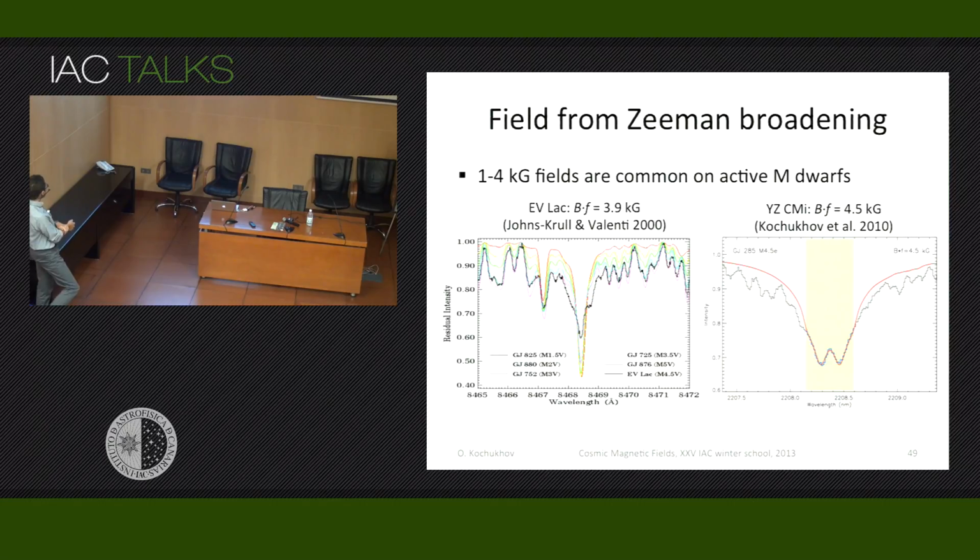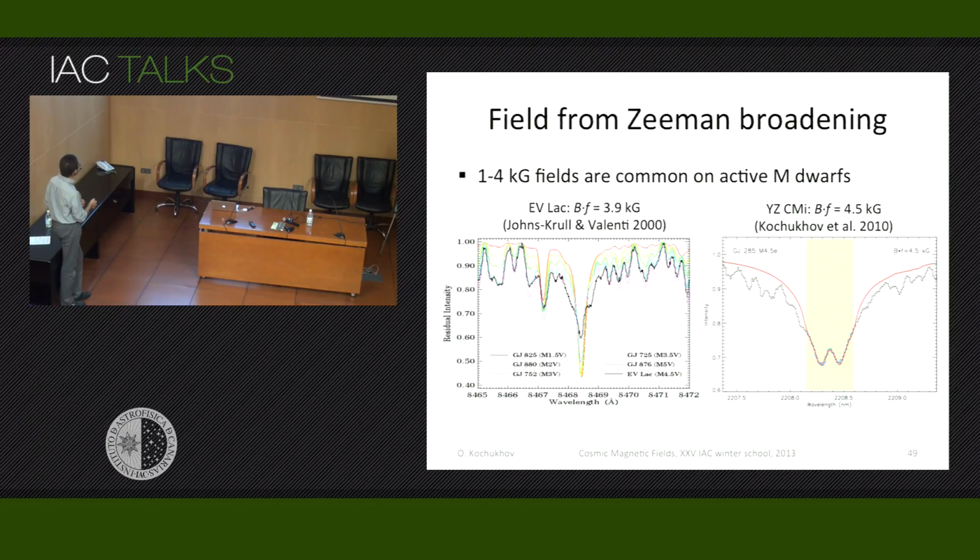What you see here is the sequence of M dwarf spectra for inactive M dwarfs, these color lines. These M dwarfs differ in spectral type, so they differ in effective temperature, presumably. As we go to later spectral types, the depth of the molecular features increases, as one would expect. And then there is this black line corresponding to the active M dwarf, EV Lac.